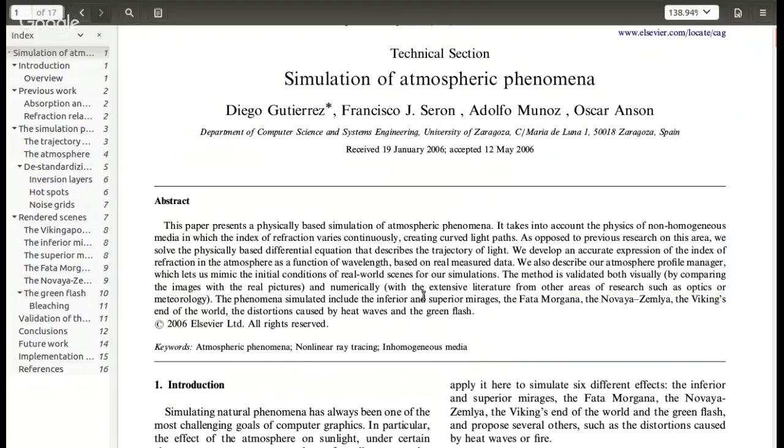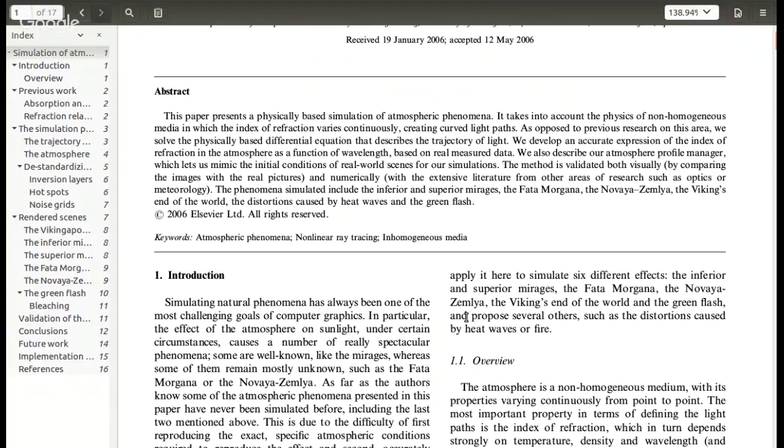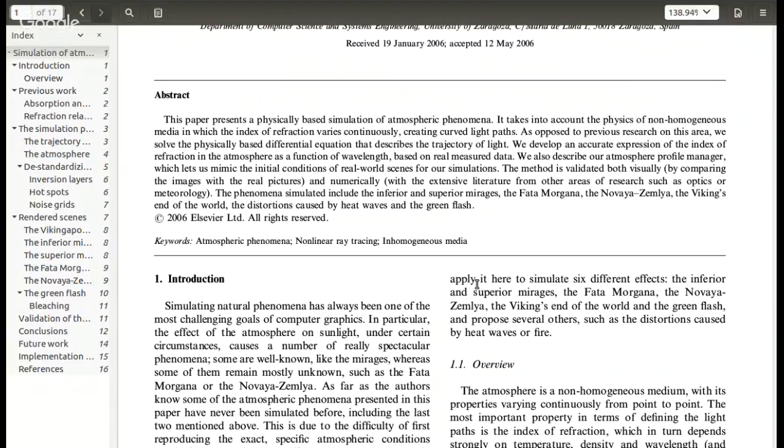So superior, inferior, fata morgana. I've never even heard of this one. An inferior mirage is one that appears below the image, and a superior one appears above it. Mirages, technically, as I understand it, have to be inverted as well. That's from the etymology of it. A mirage is an inverted image.